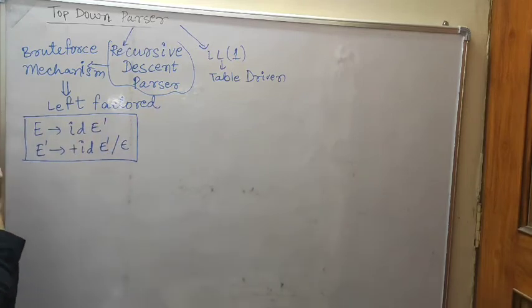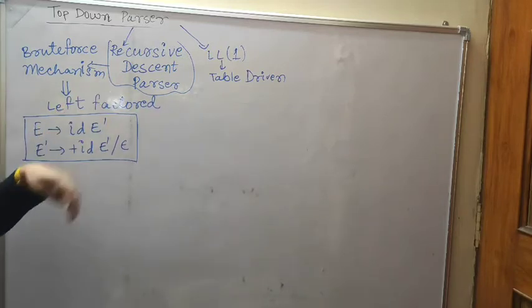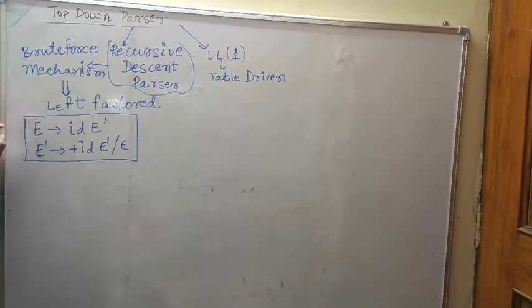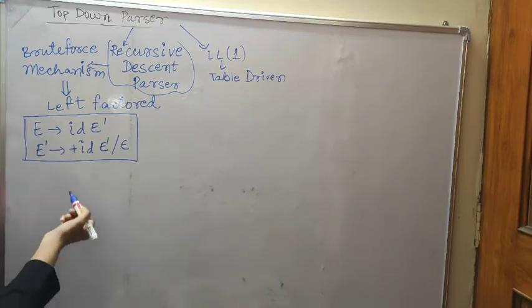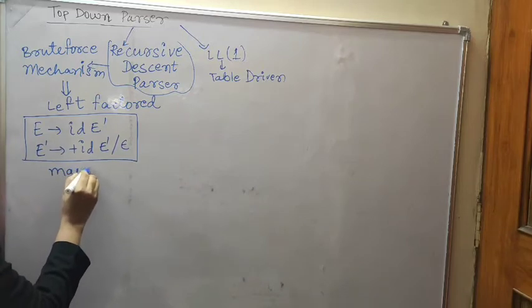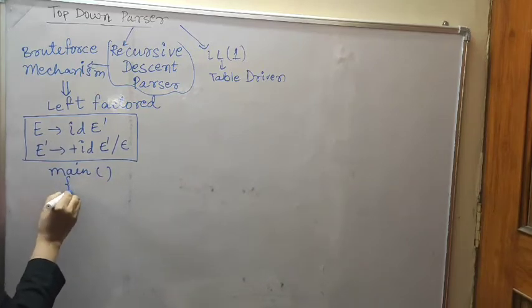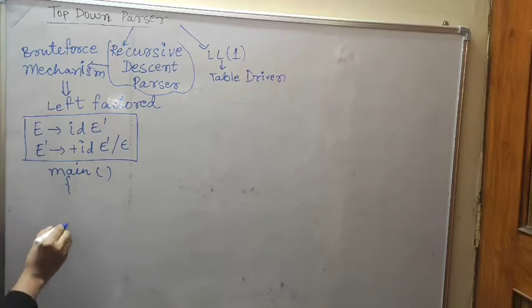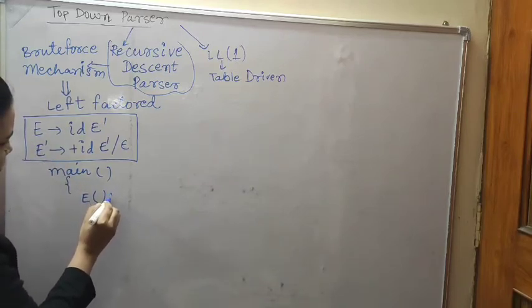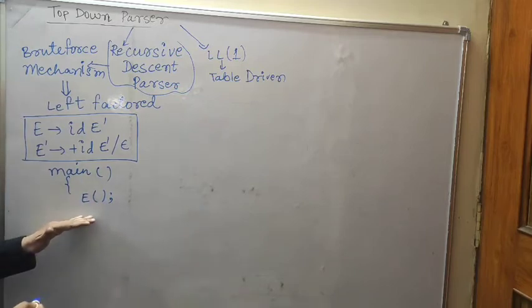So whenever we are going in the recursive descent parser, for every non-terminal variable we will write a function and call it. So first we will write the main function. In the main function, first we will call the E function, because the E non-terminal variable is given.